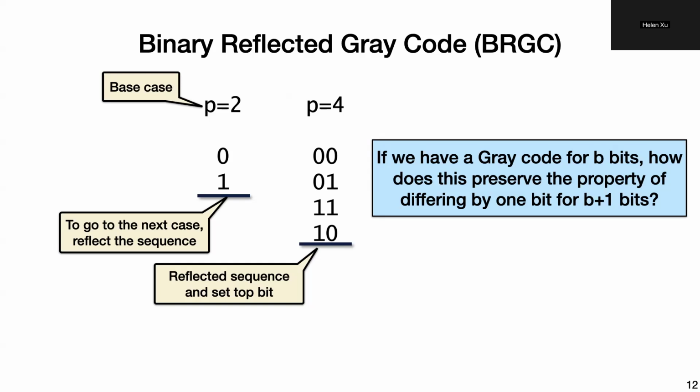The reason that it preserves this property is exactly as you said. If you know that the first p over 2 have the property, then you reflect it. And so you would know that the lower bits in the second half also have this property because it's just flipped. The only case that remains to be shown is this middle case, right before and right after the reflection. That's why the top bit needs to be flipped: the lower bits are the same right after and before the reflection, but we flip the top bit from 0 to 1. So now that part also only differs in 1 bit.